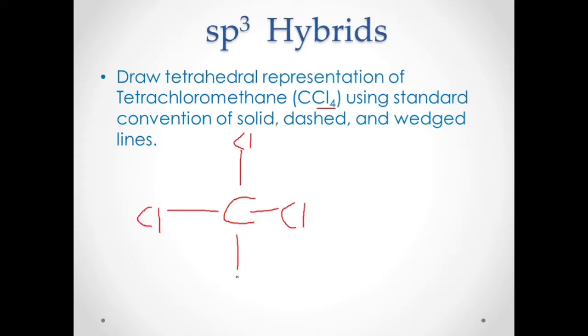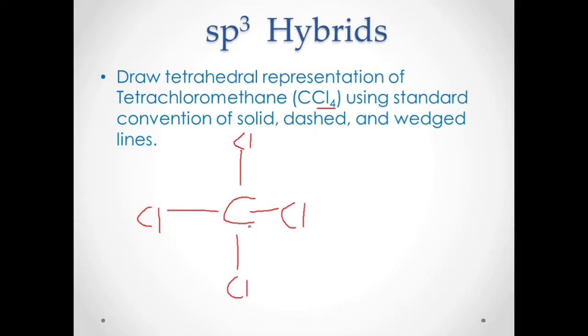Okay? And remember that each bond contains 2 electrons, one for the chlorine and the other one is for the carbon. So if there are 4 bonds, then this will satisfy the electron rule or the octet rule. That means there are already 8 electrons surrounding your central atom, which is the carbon.